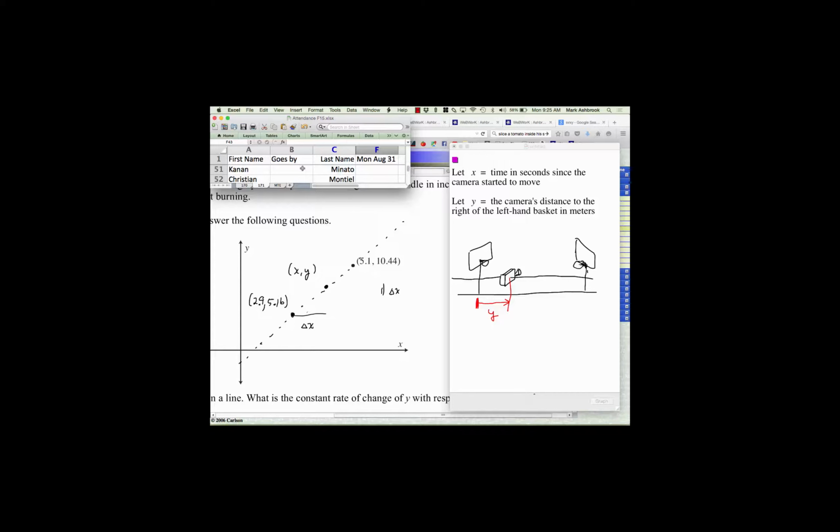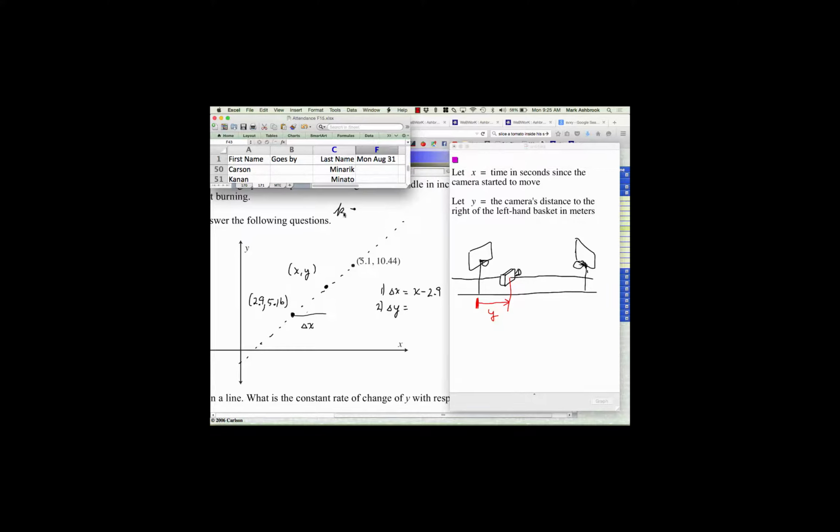What is my change in y? So starting at this point and ending at this point, what's my change in x? Good. Final minus initial. You're doing good. So using constant rate of change, then what is the change in y?